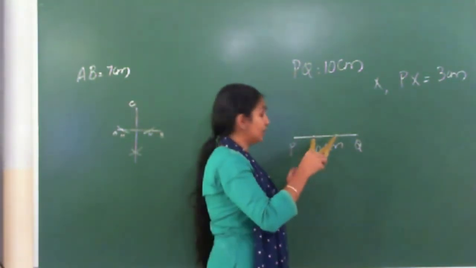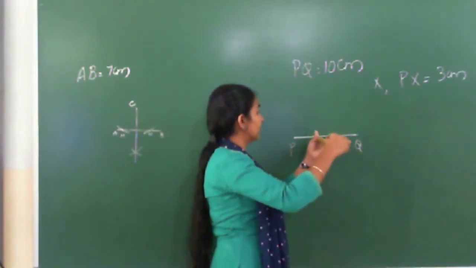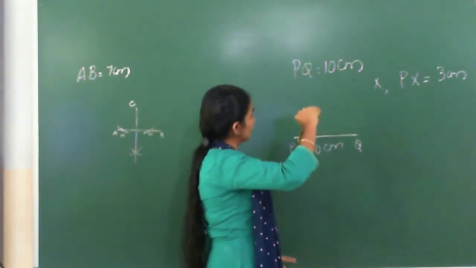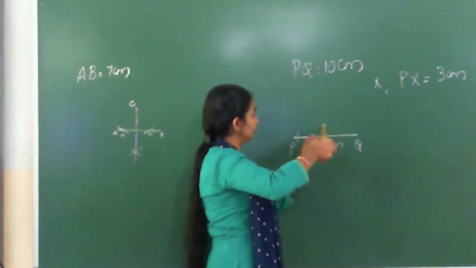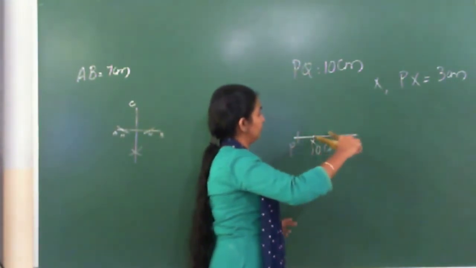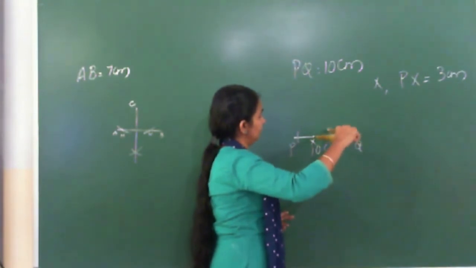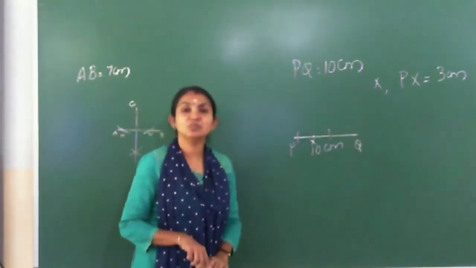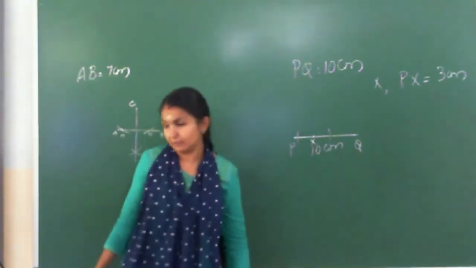So, in X we adjusted the radius and 2 arcs cut this PQ. So, we got 2 points, just mark them as M and N.